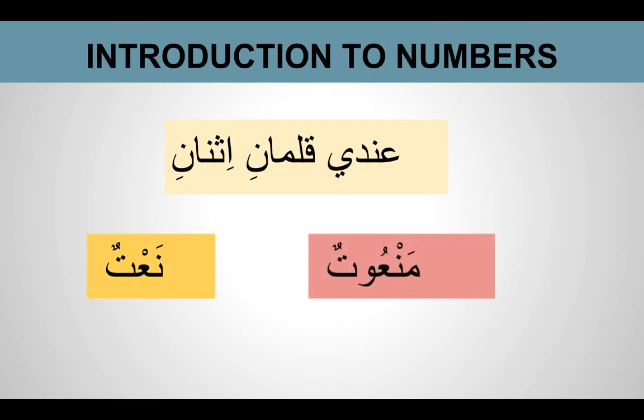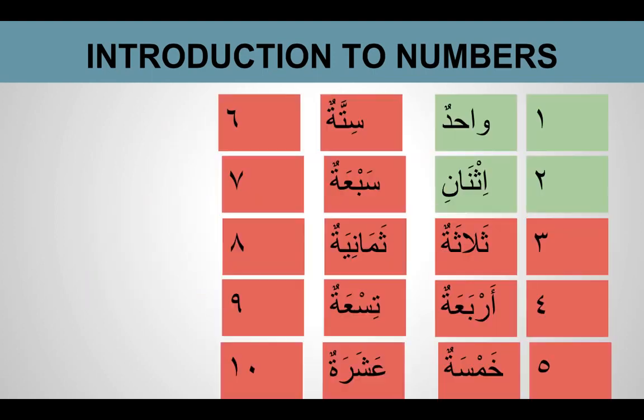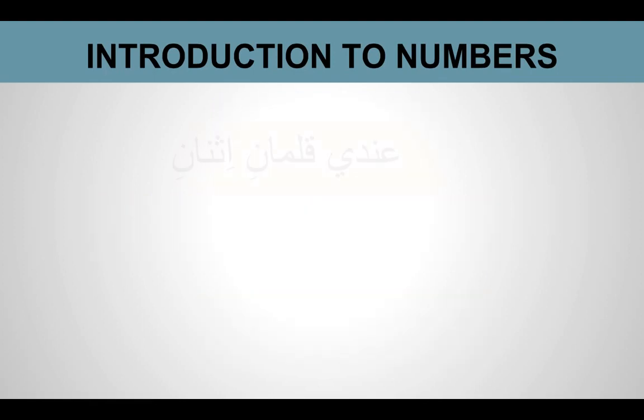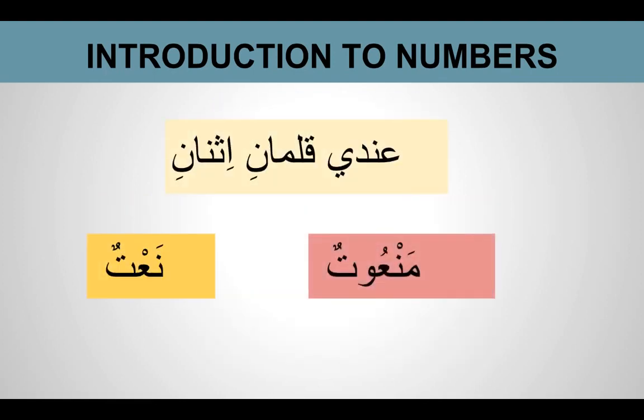So number one and number two behave differently, so when these numbers are used, they are used as a naat. But when you see from number 3, things change. So we have to see what are the things that change. So number 1 and 2 we have naat man'ut.